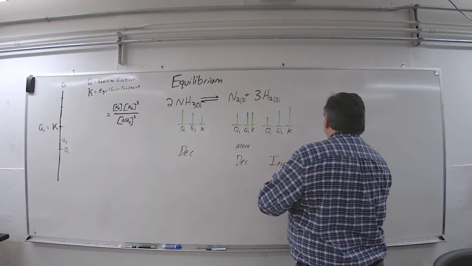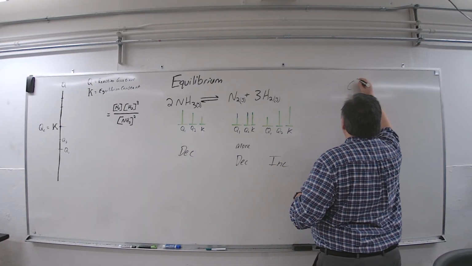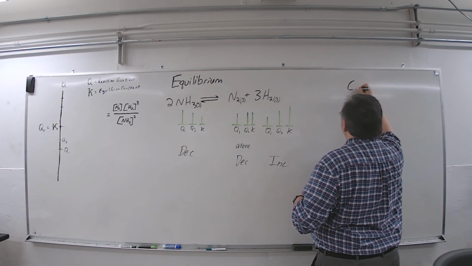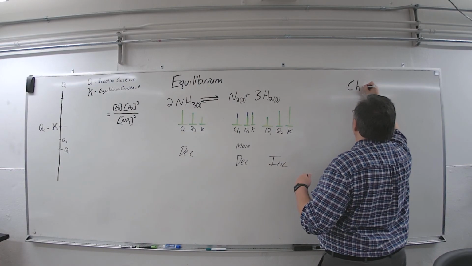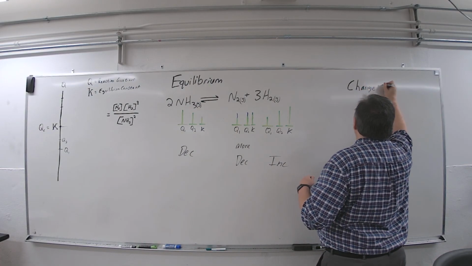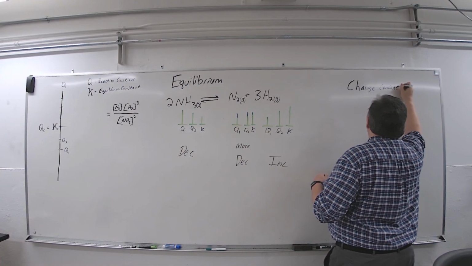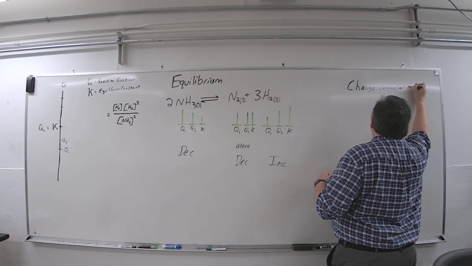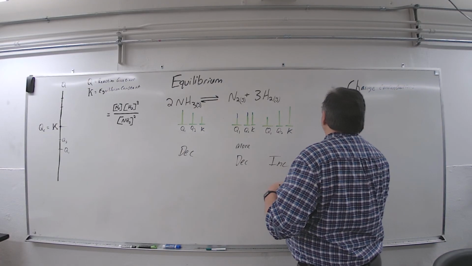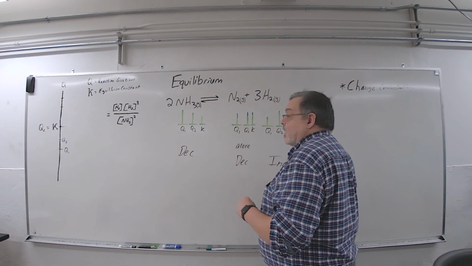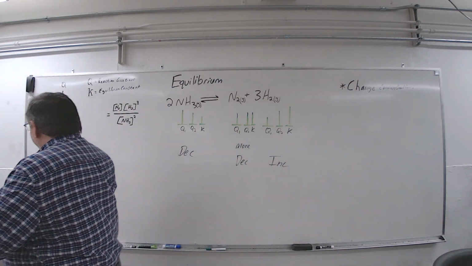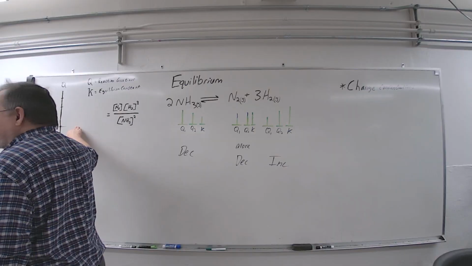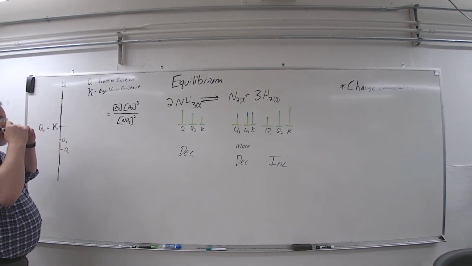I'll just say one way to screw with the equilibrium: change concentrations, you can screw with the equilibrium. It does come back to the original K that it was. Okay.